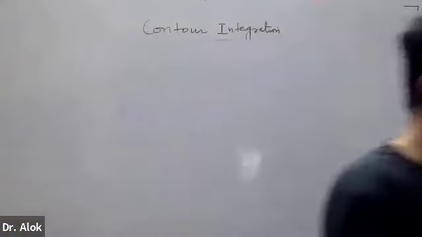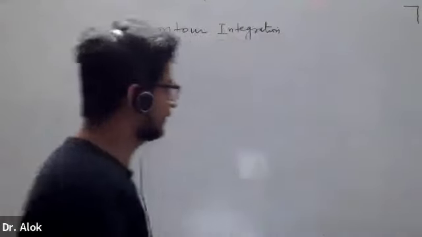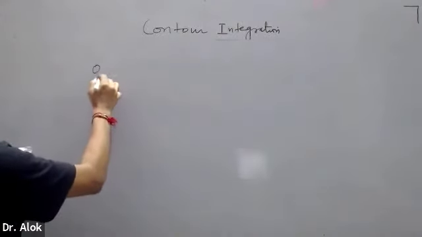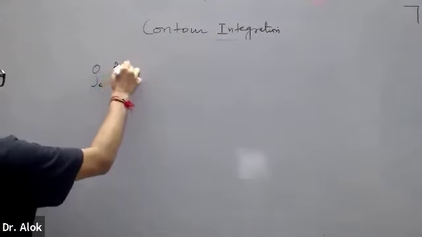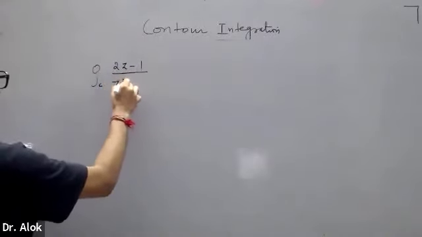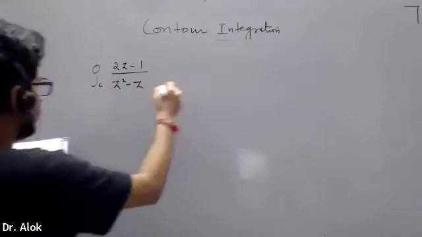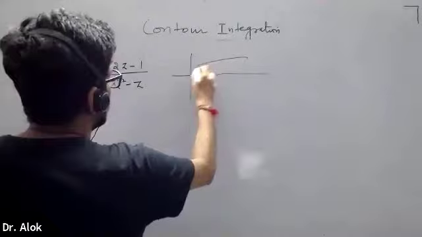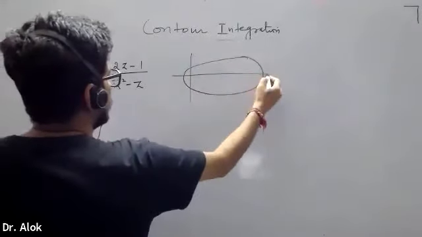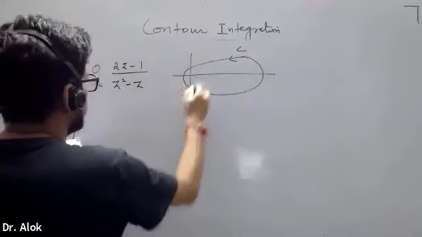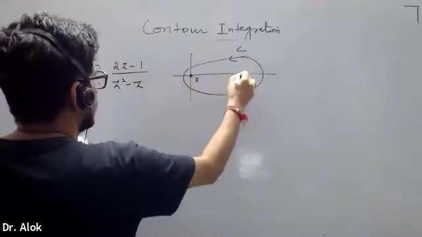using problem. So the first problem I am taking is this closed integral (2z minus 1) over (z square minus z), and this C is given, and this is 0, and this is 2.